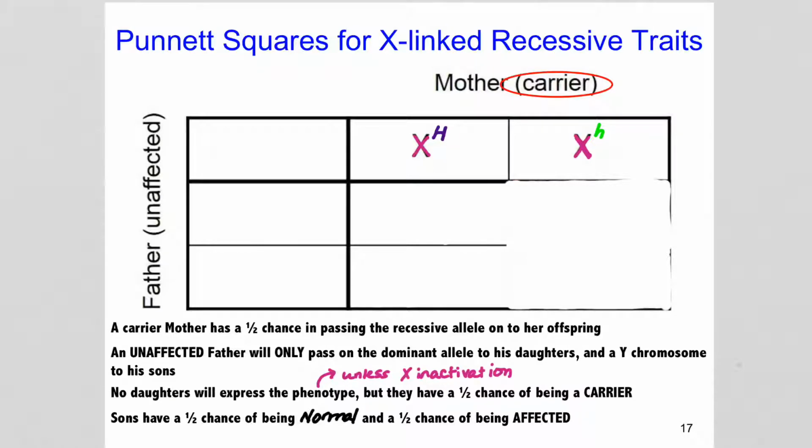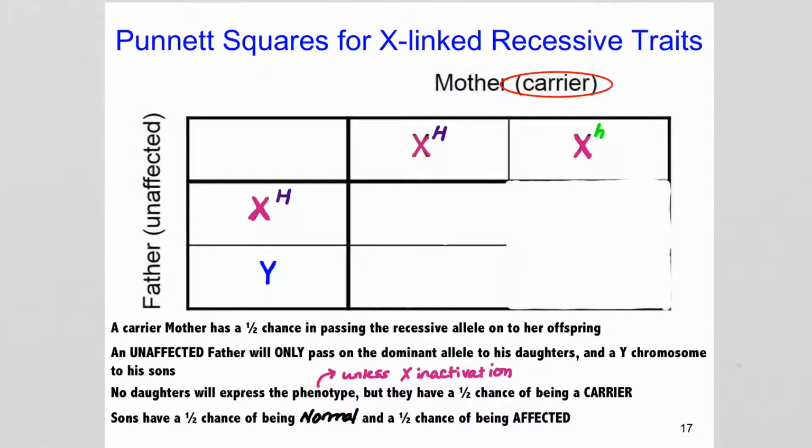So for our father, he is unaffected. So half of his genotype is an X chromosome with that normal functioning copy of the H allele, and the other half of his genotype is a Y. So let's cross all of these gametes, and you can see there's a 50% chance for both parents that they're producing these two different gametes.